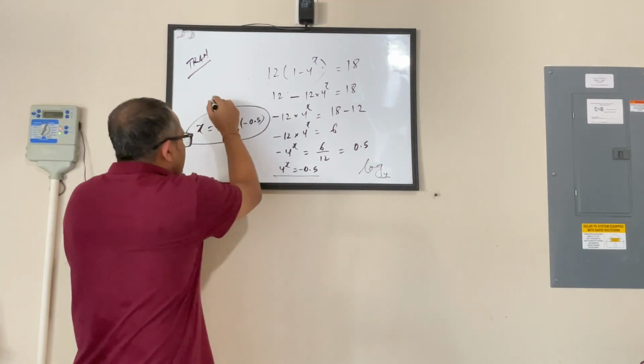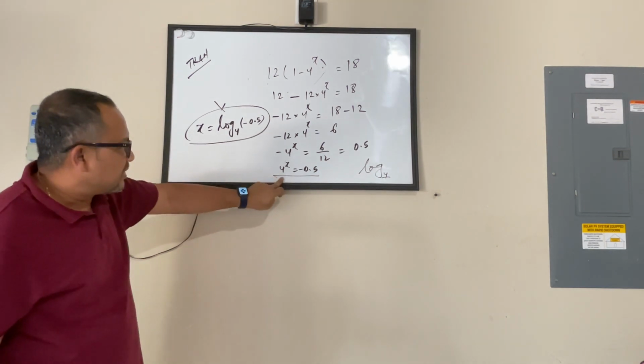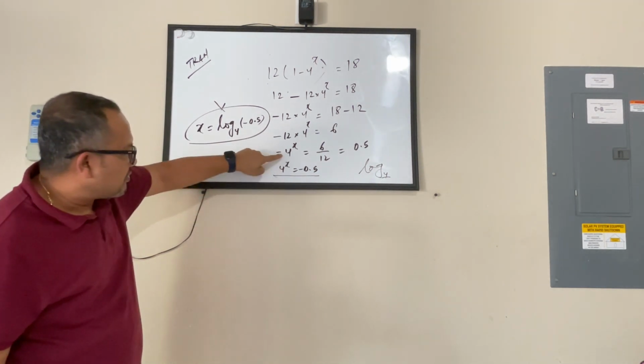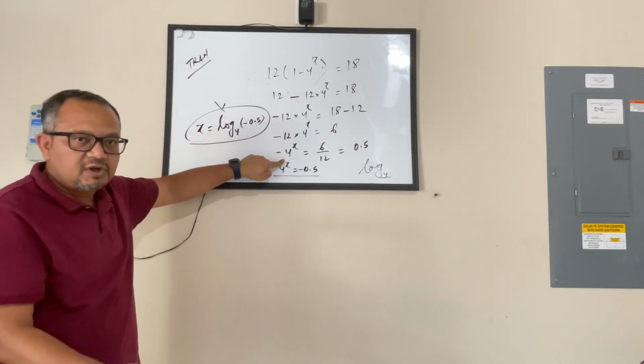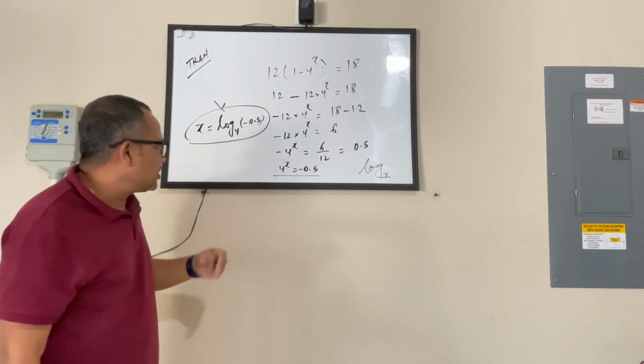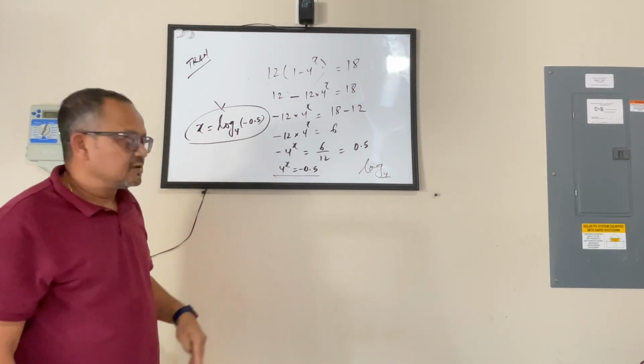Now keep it here. If you start with this place itself, any number to the power, be it a negative number, be it a positive number, be it a 0, it will never give you a negative value. So then it's no solution.